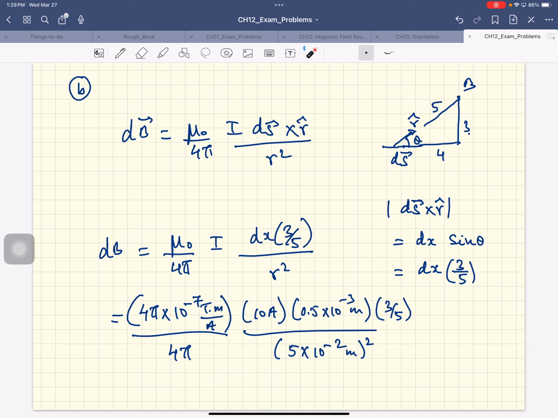All right, so let's do this. Again, the 4 pi will cancel. Powers of 10: this is 10 to the minus 4, you get a 10 to the minus 1 left, this gives you 10 to the minus 6.